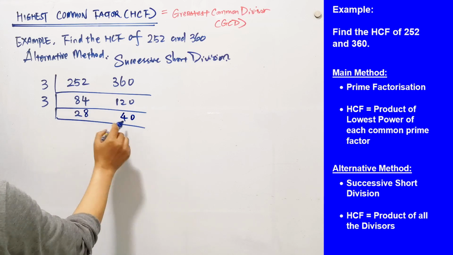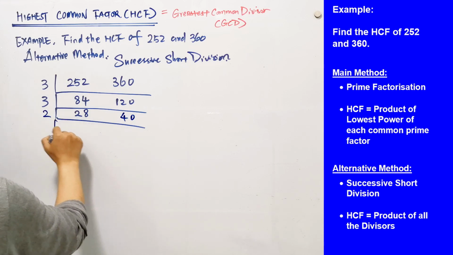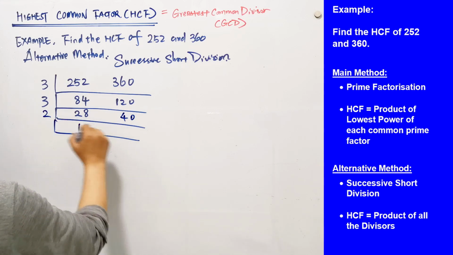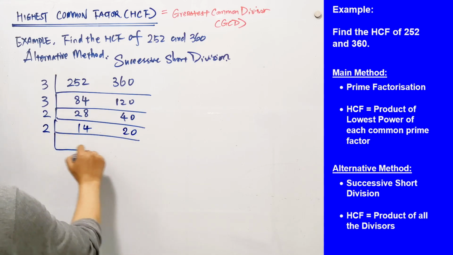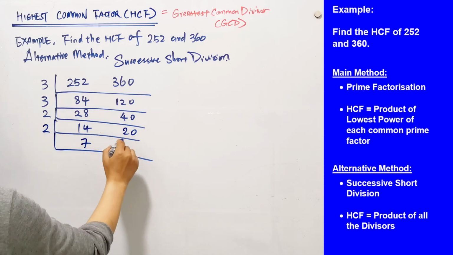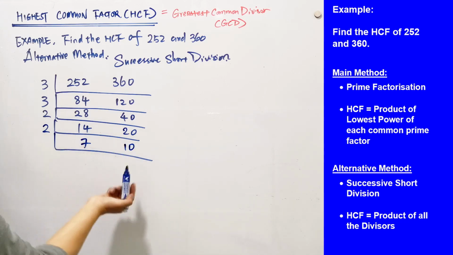Next, we can divide by 2. Yes, right? 14, 20. The other 2, 7, 10. Okay, there's no more already.